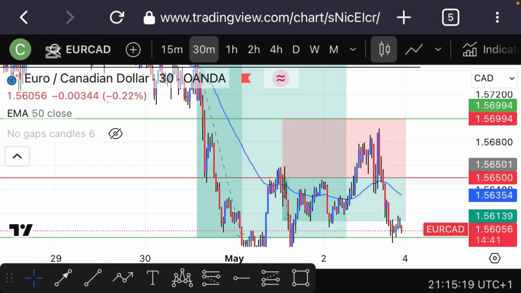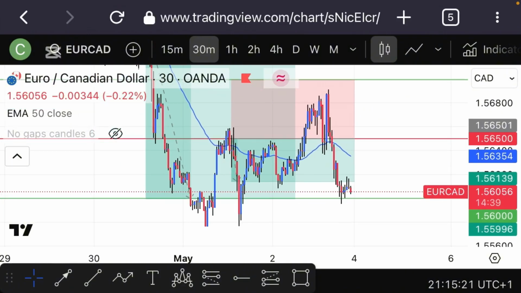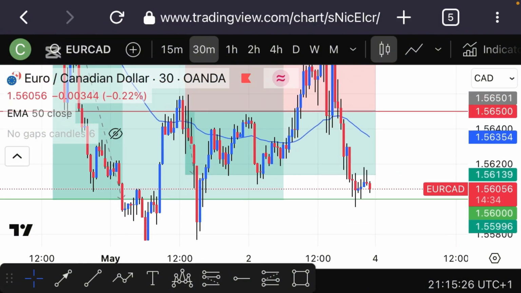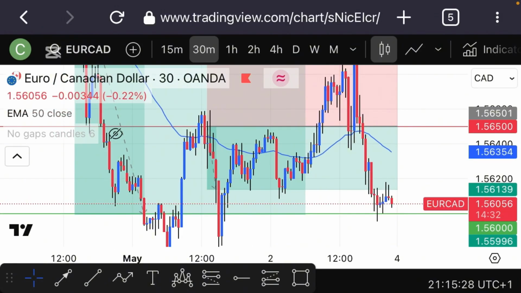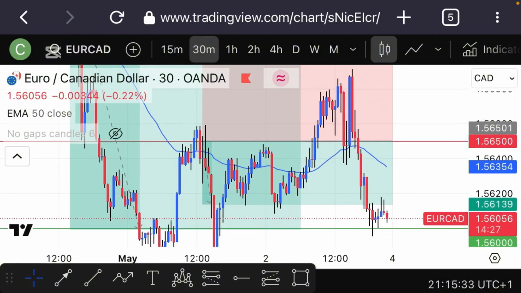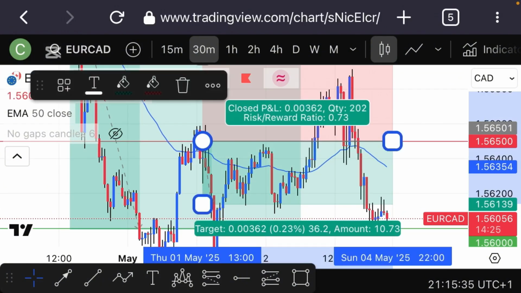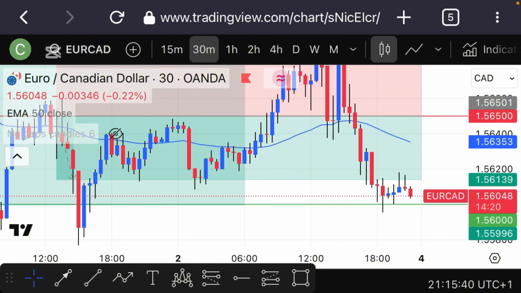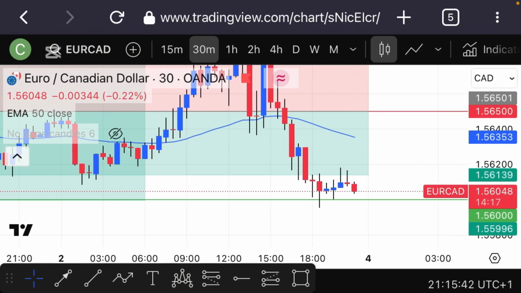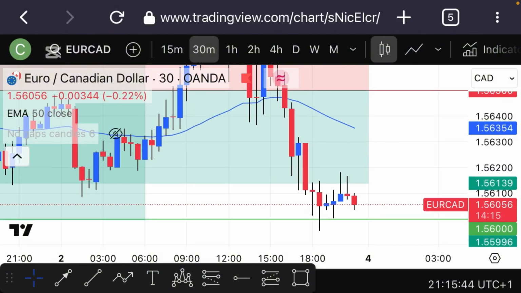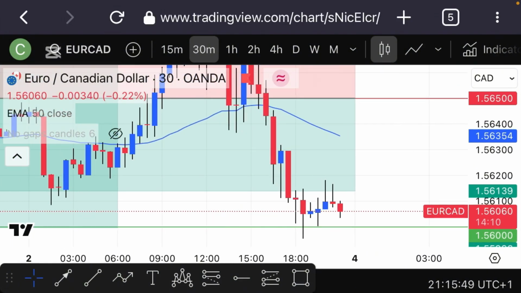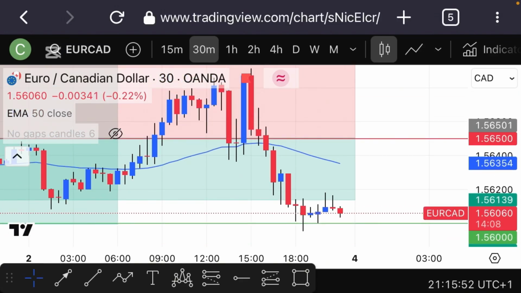Then I managed to enter, but I closed it earlier because Friday came in, the week is closing, the volume is low, so this tiny risk reward is where I entered, and I closed my position earlier because it's a Friday and there's not enough volume. So we'll continue with this trade next week and see if it makes it on my list for us to continue trading it.